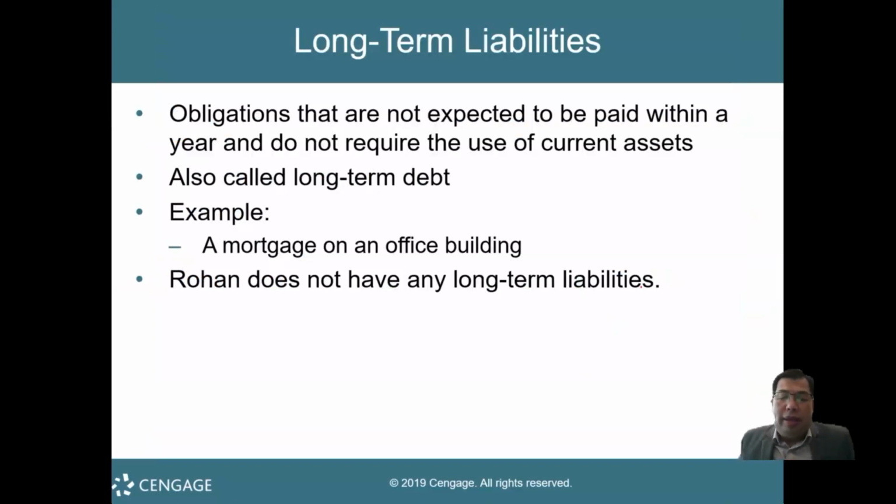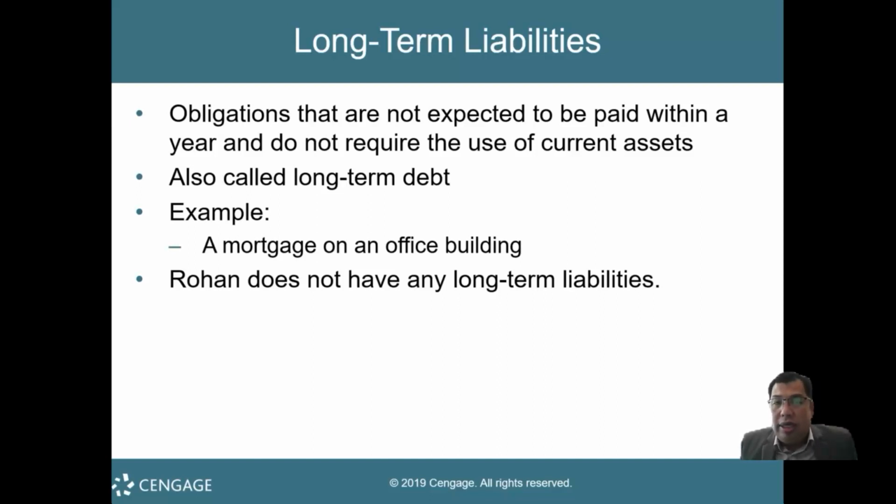And then for liability, we classify liability into long-term liability and current liability. Liability is an obligation, an amount of money that you have to pay to the bank, maybe to the suppliers.